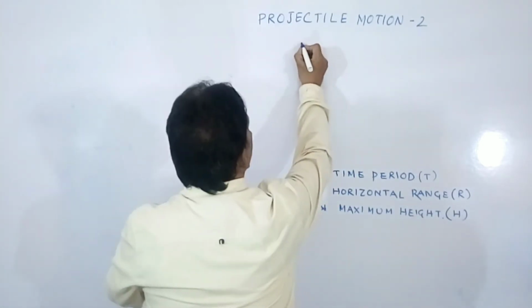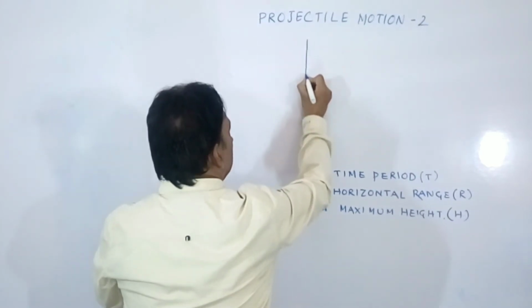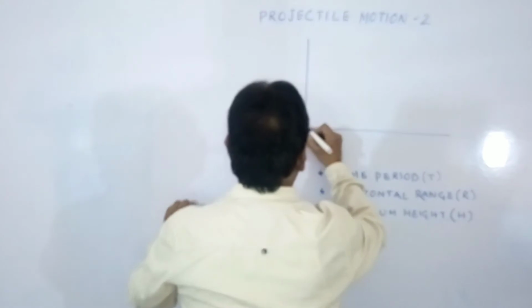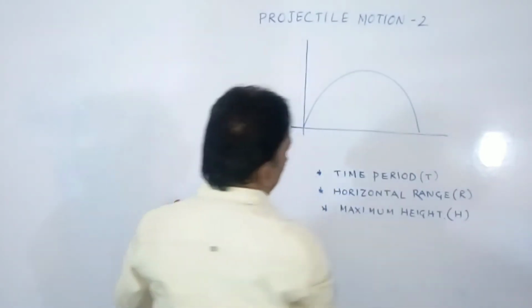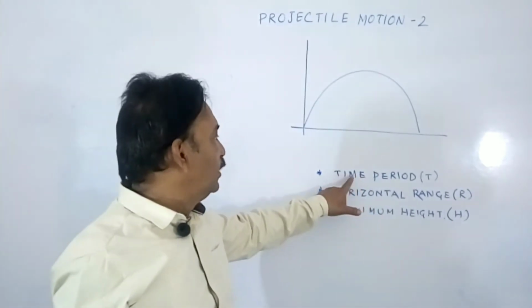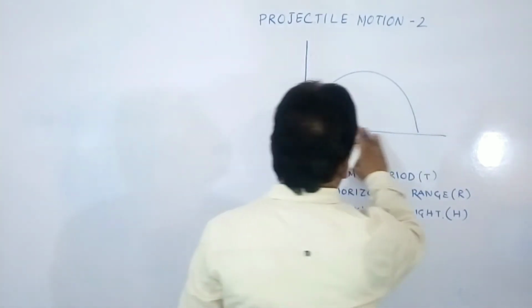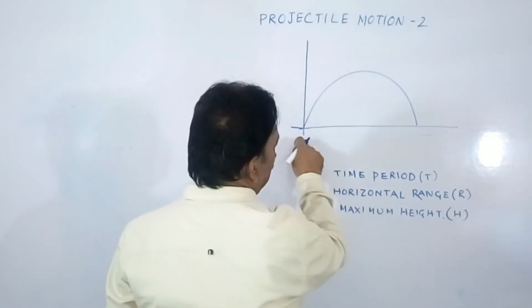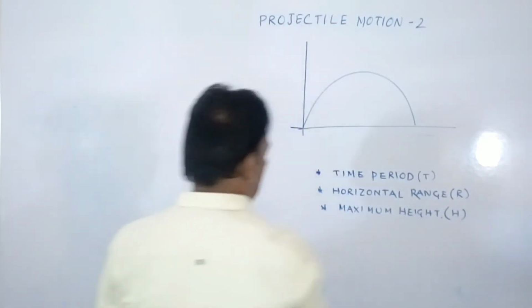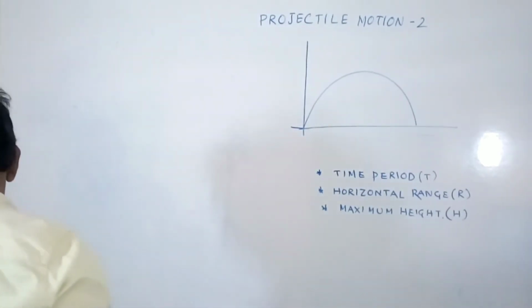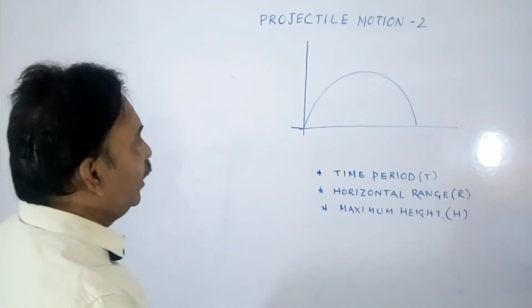It is a two-dimensional plane. We are finding the three different factors involved: one is the time period, second is the horizontal range, and third one is the maximum height.